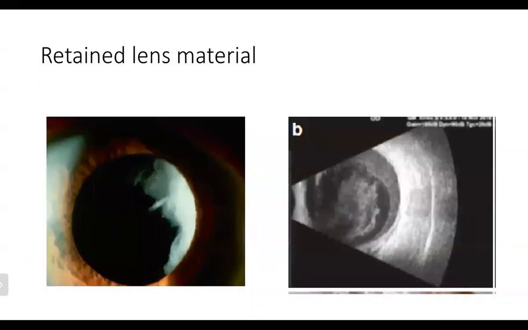So for the second differential, which is retained lens material, the image on the left is showing an eye with retained lens material. It may mimic endophthalmitis because the presence of retained lens material could incite inflammation and cause uveitis and even vitritis, depending on how big the lens material left is, and if it's in the vitreous, like in this ultrasound image that shows probably the patient had lens drop intra-op.